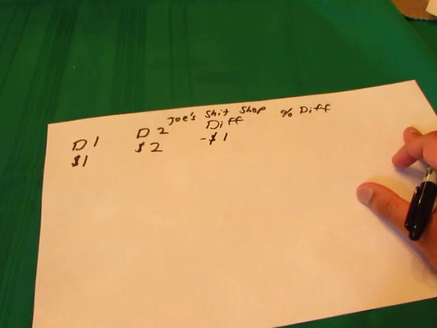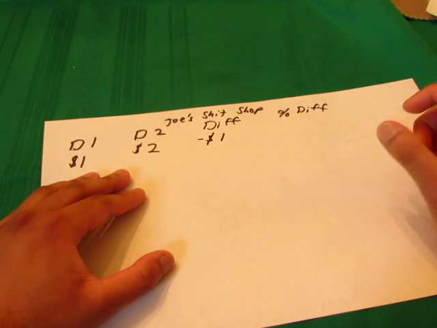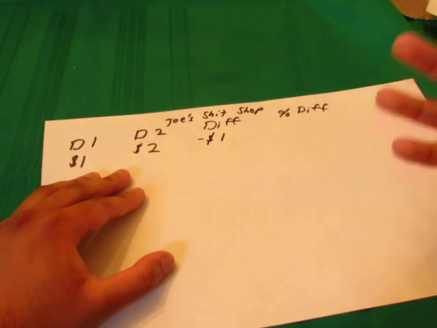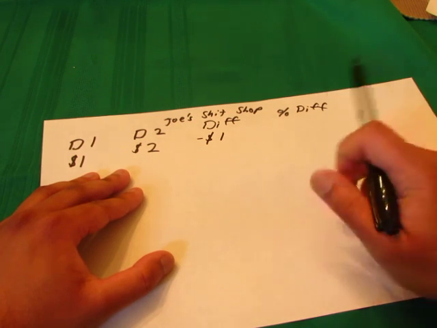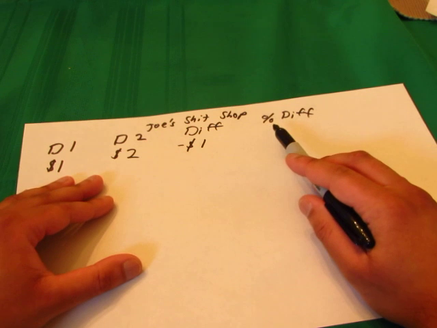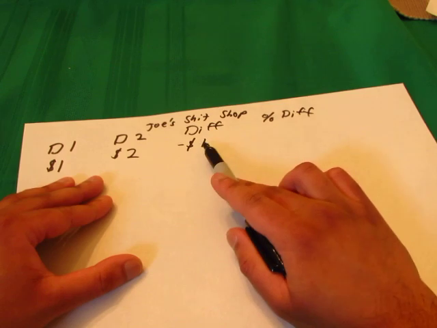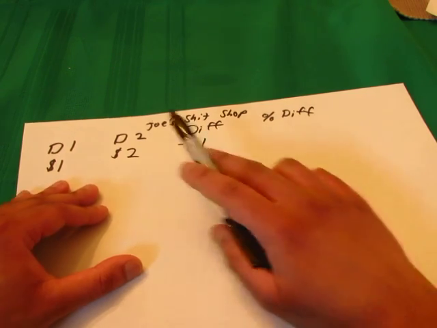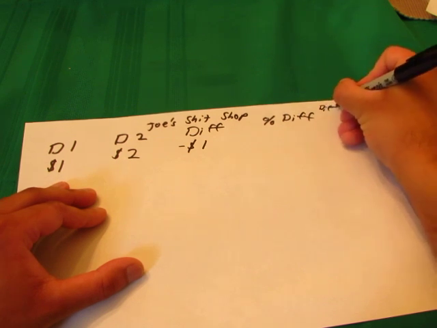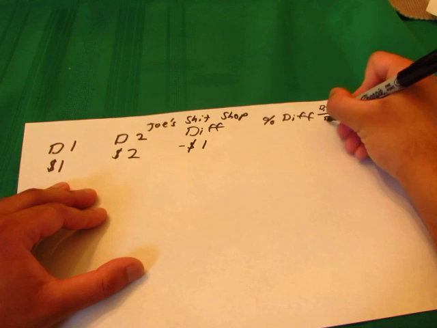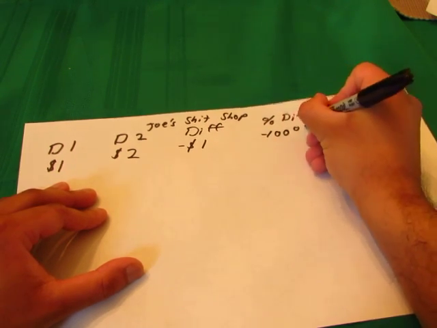Like I said before, neither one is necessarily correct, but we want to communicate how different they are. So we're going to have to take a percentage. One way we can do that is we can take the diff and divide it by D1. And we get negative 100%.